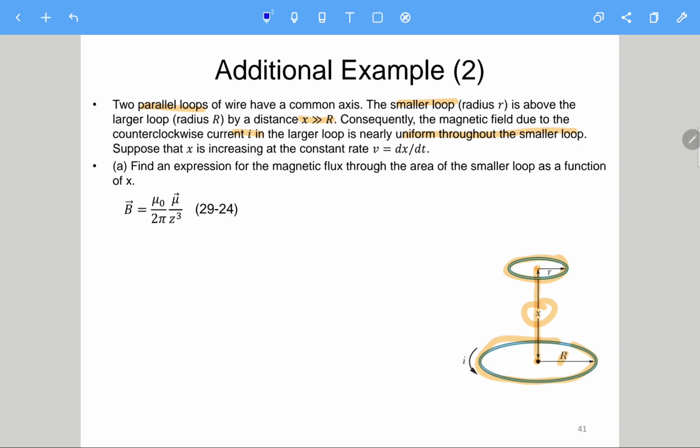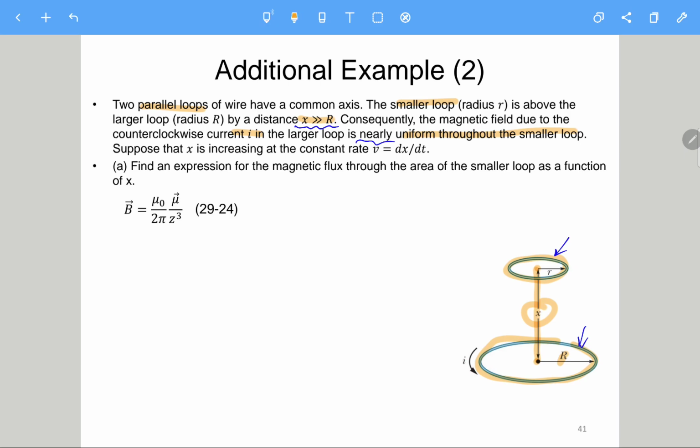Which means, as we have this approximation, x much larger than R, we can approximate that the B field generated by this loop over the smaller loop is nearly uniform, to simplify the calculation.